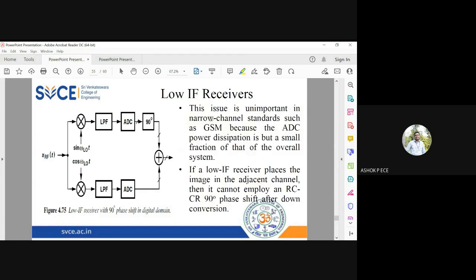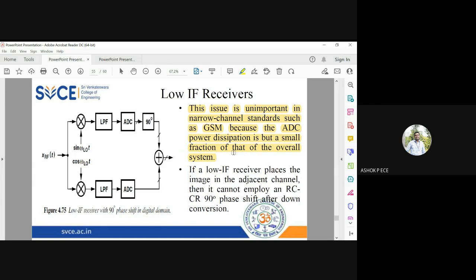And this issue is unimportant in narrow channel standards like GSM because ADC power dissipation is a small fraction of the overall system. You know that the entire receiver consumes a lot of power, and in that the ADC will consume only a very reasonable amount of power. So that is okay for me as long as image rejection is going to happen perfectly.